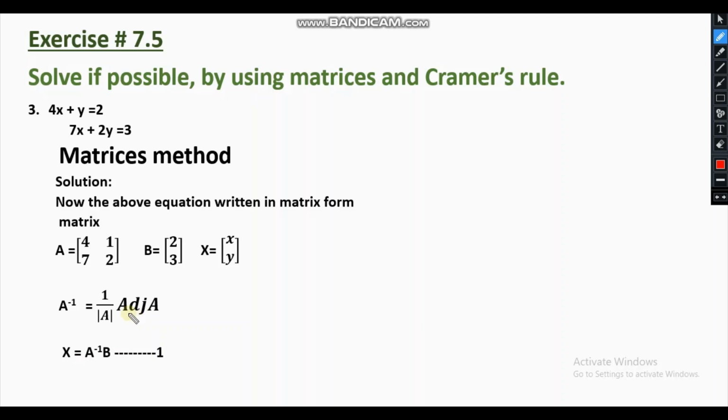Again, first of all we find the adjoint. We solve these equations by the adjoint and determinant rule.